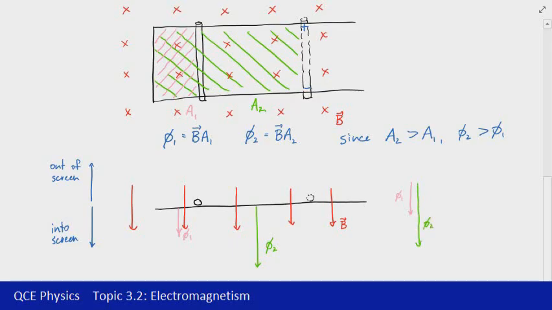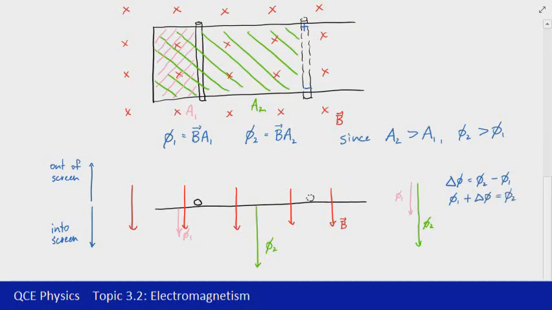Now, to determine the direction of the change in flux, we can identify that delta phi is going to be equal to the final flux phi 2 minus the initial flux phi 1. Now, trying to do vector subtraction, not always the easiest, so instead we're going to change that and identify that phi 1 plus the change in flux will be equal to phi 2.